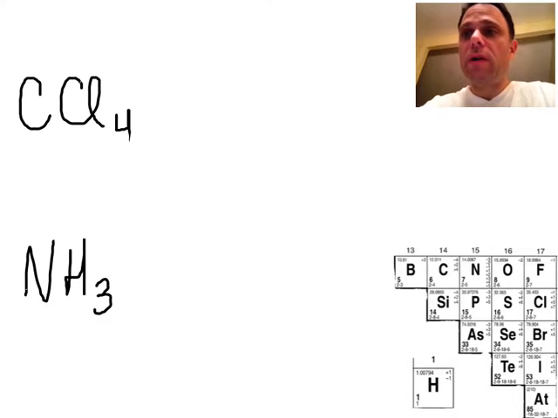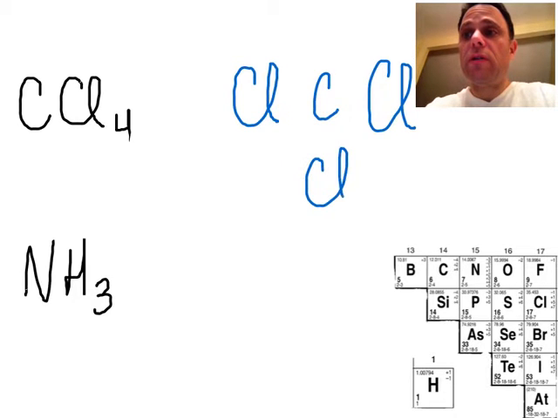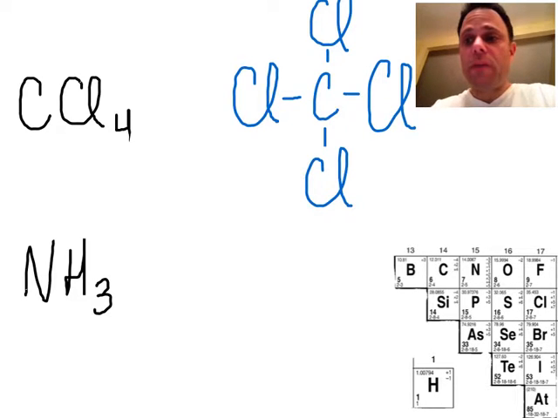There we go. We've got our carbon. Sorry, that's a chlorine. A chlorine. Put the carbon in the center. Our chlorine. Chlorine. Now, each pair of shared electrons can be represented by a dash. And that's the structural formula.